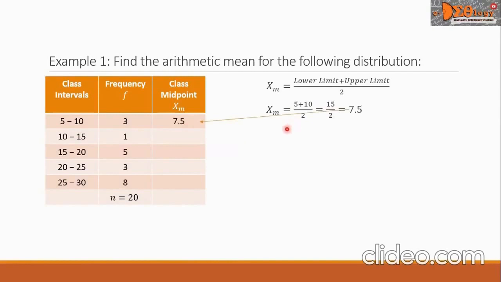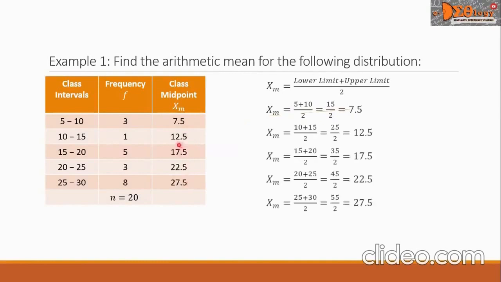We will follow this idea for the other blanks on the class midpoint column. So you see this 12.5 comes when we add 10 and 15 divided by 2. This 17.5 comes when we add 15 and 20 and then divide by 2.